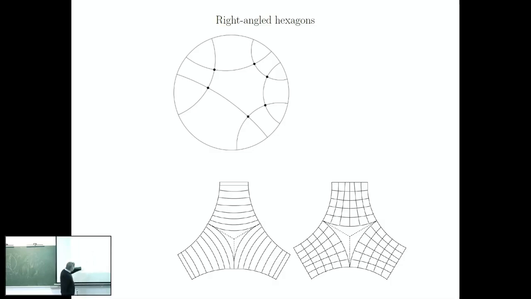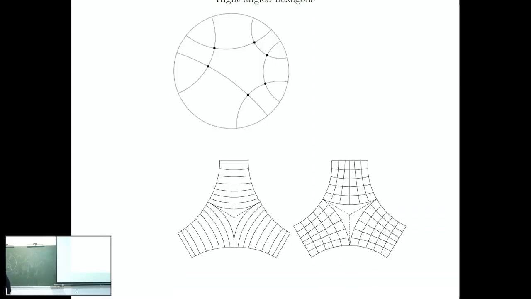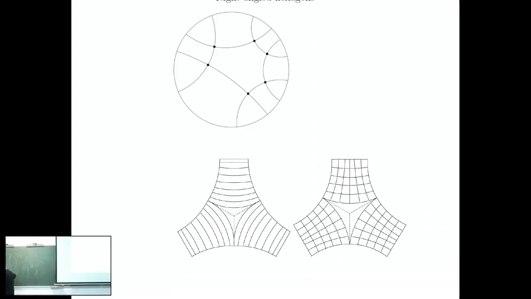So this is a little bit more general theory. Best Lipschitz maps between right-angled hexagons. And here, this foliation by pieces of horocycles is replaced by a foliation by pieces of hypercycles, that is, equidistant lines from these geodesic boundaries.